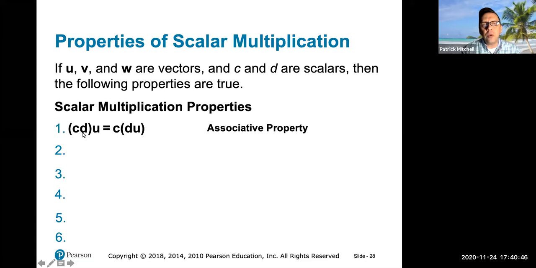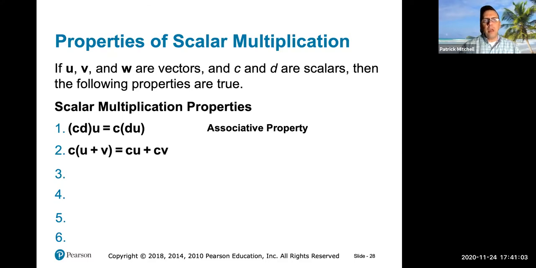So when you, how do I describe this? When you multiply two scalars together and then multiply that by a vector, that is the same as multiplying the vector by one of the scalars first and then by the other scalar. Okay, that makes it associative. It is also distributive.